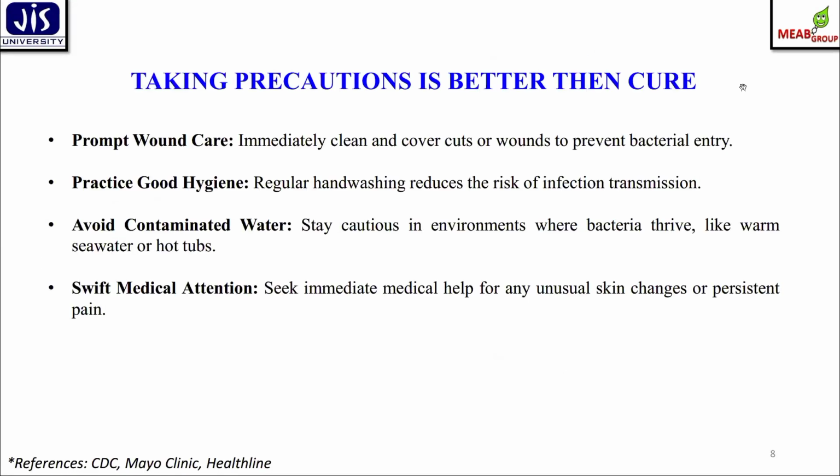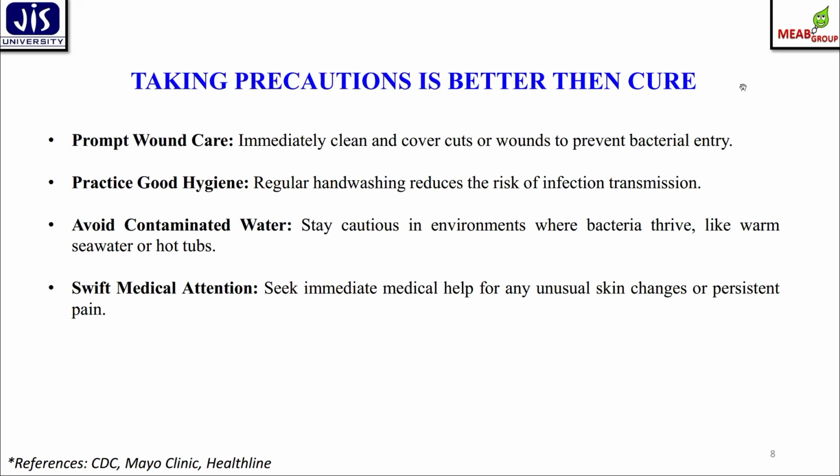There are certain precautions that would make our life better, as prevention is always better than cure. It requires prompt wound care. Immediately when you are infected or assume you are getting infected, clean and cover cuts or wounds to prevent bacterial entry, such as by Vibrio species. Practice good hygiene. Regular hand washing reduces and minimizes the risk of infection and transmission.